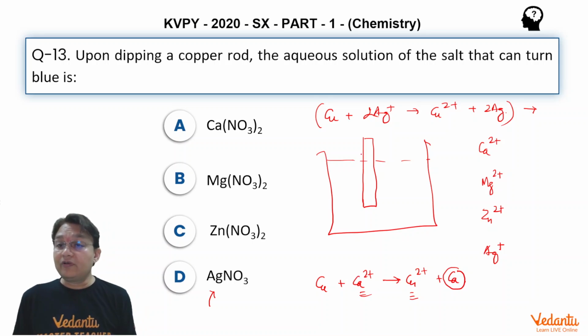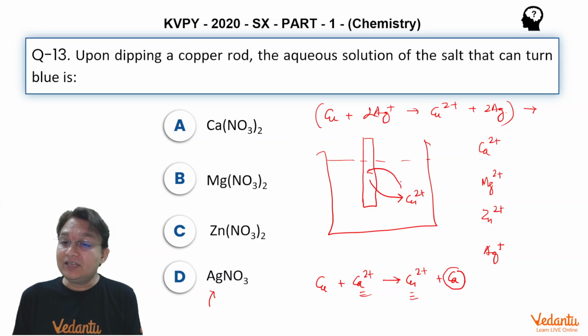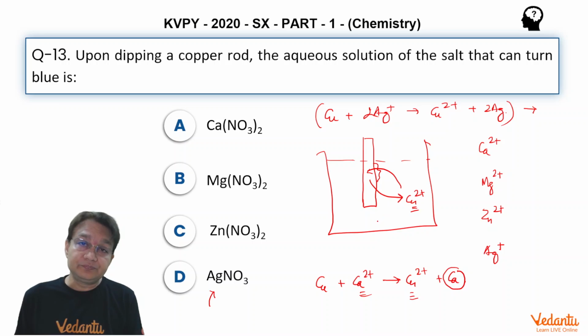Because copper is more reactive and the copper rod has a greater tendency to get oxidized. So it will be oxidized and in the process reduce Ag+ into silver. And in this process, Cu2+ will come into the solution and will show the blue color.